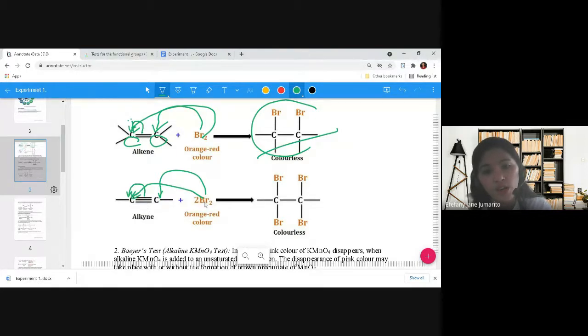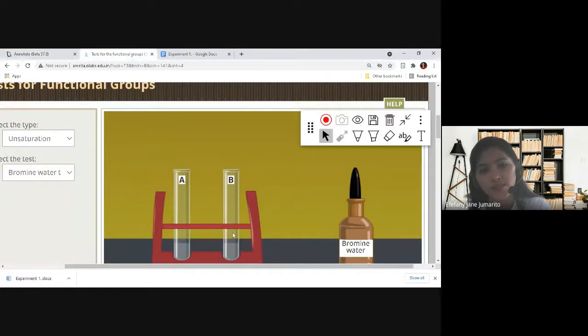Then the Br again, because there are many bromine molecules, will attack the carbon here again, and then the double bond. So it will keep on attacking until our alkyne is fully occupied by bromine. That's why we have this one, and this one is colorless. Okay, that is what's happening in your test here.